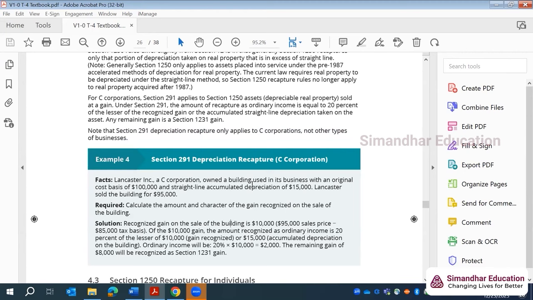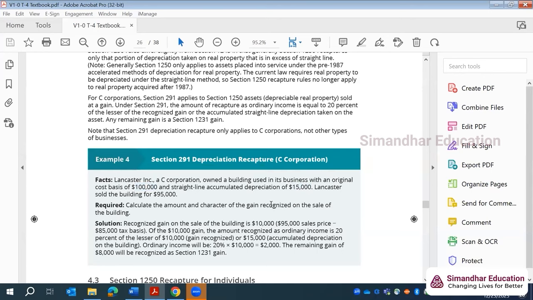Lancaster Inc., a C corporation, owned a building used in business with an original cost of $100,000 and straight line accumulated depreciation of $15,000. So your cost is $100,000. You've taken accumulated depreciation of $15,000.